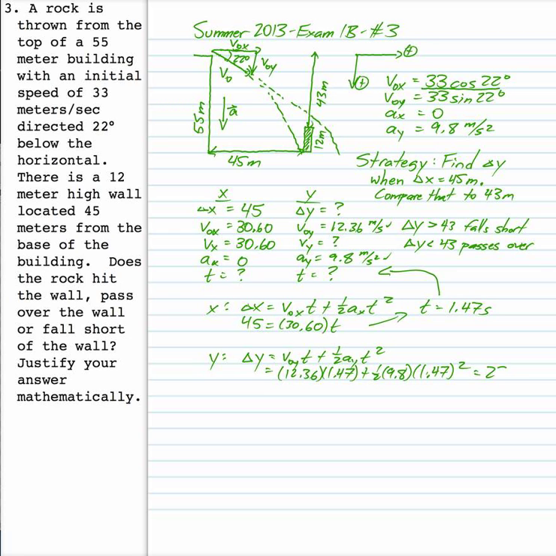That calculates out to be 28.76 meters, right? So delta y is 28.76, which is less than 43 meters. Therefore, the rock passes over the wall, and we're done.